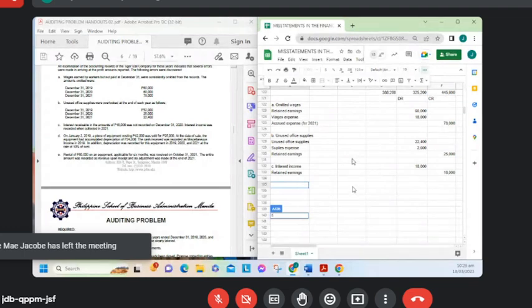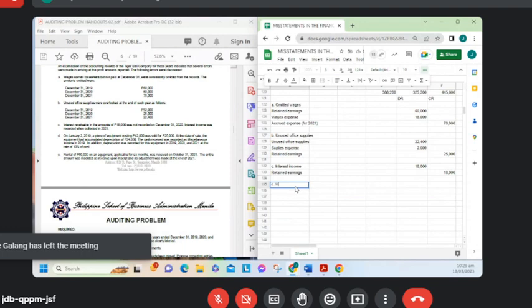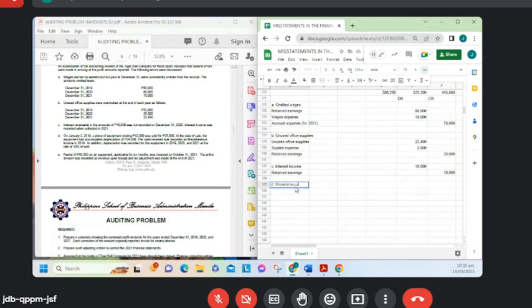Let's make the correction first on the gain on sale. So miscellaneous income, sorry, this was in 2019. So retained earnings. Let me try gain on sale first.